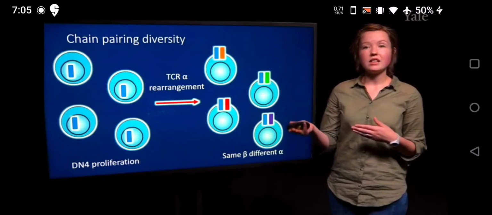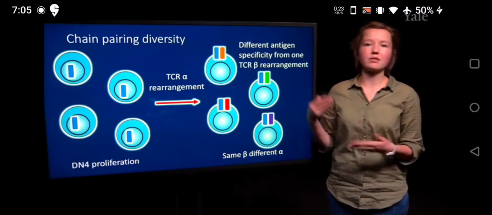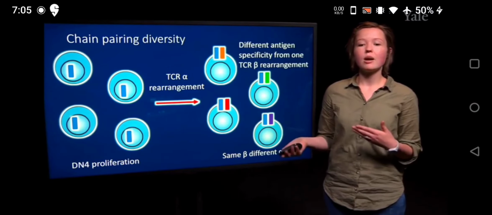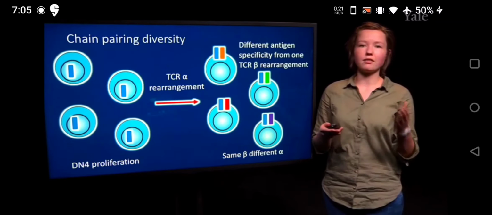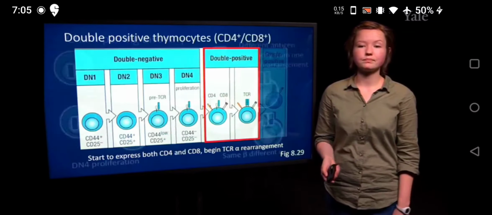And so this one beta chain is capable of giving many different types of antigen specificity by having different chain pairing of that beta chain with different alpha chains within these different cells.